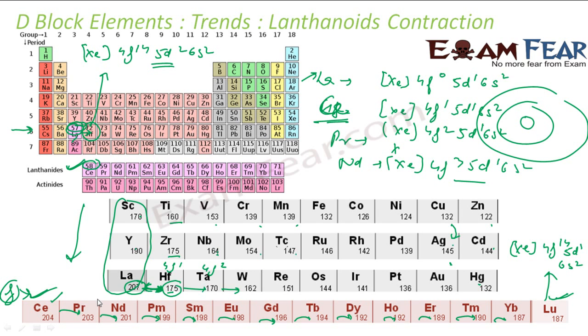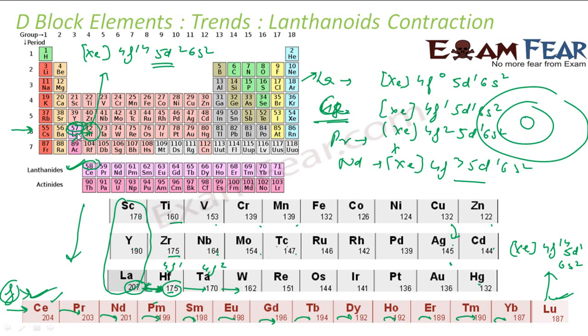So that means if you're going from left to right, in this lanthanide series, you're adding positive charge to the nucleus, but you're not shielding it properly, because the electrons are going to the f orbital, and the f orbital has poor shielding effect. Thus the atoms contract from left to right.